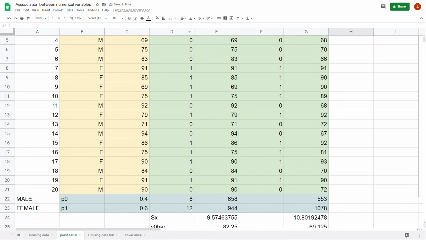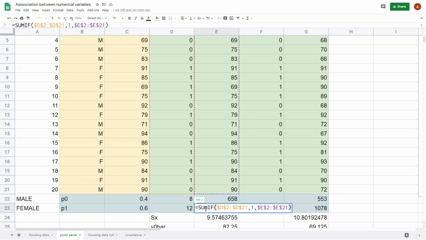944. A simpler way to compute this is through using a sum if function. How you use a sum if function will be taught in the tutorial. It is a simpler way: if I have a female, I am just summing all those data points which correspond to the female.